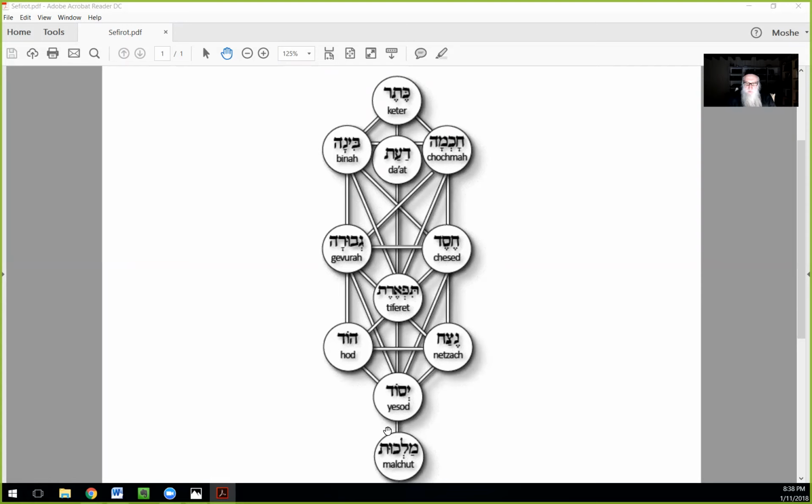In other words, in order for the upper Sphirot, and particularly the Roshei HaSphirot, we said Rosh means head, which is Keter, Chochma, and Bina. Keter, the crown, the highest of the Sphirot, Chochma, which is usually translated as wisdom, Bina, understanding.